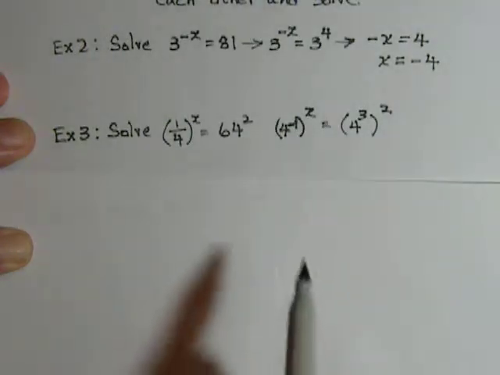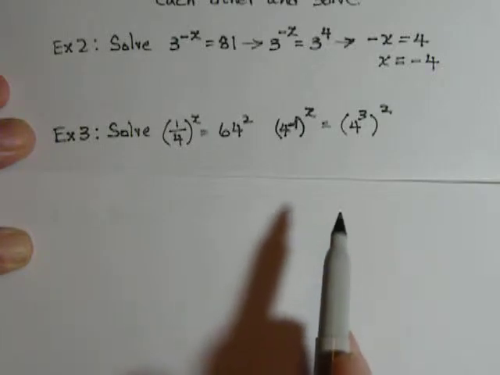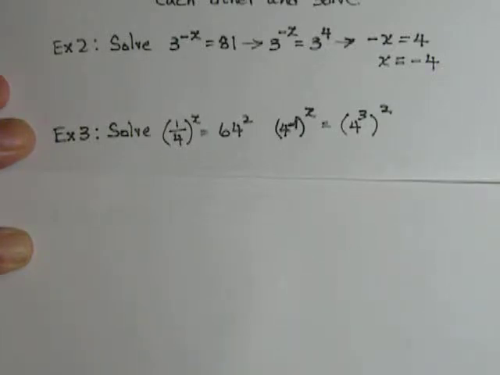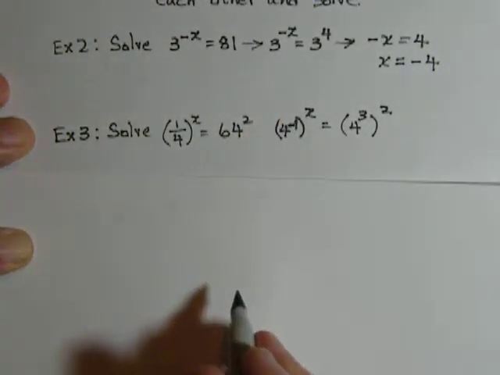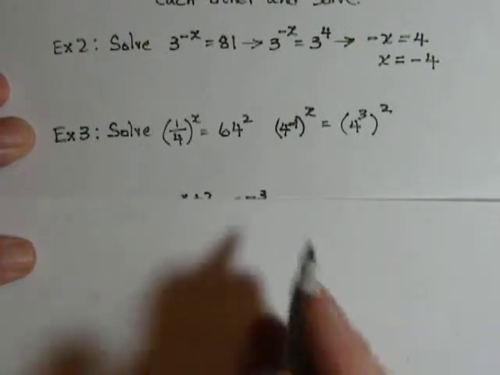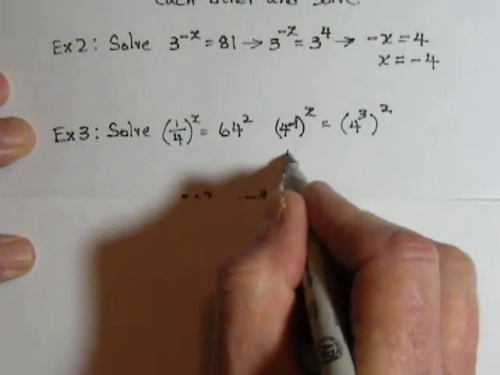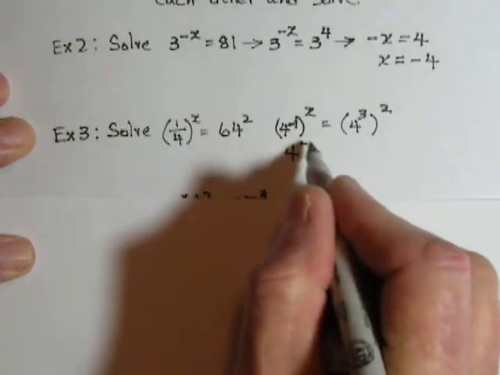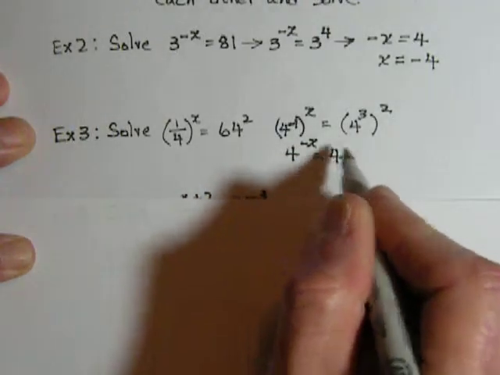So now I have 4 to the negative 1 to the x power equals 4 to the third to the second power. So what I'm going to do here is multiply these exponents together so that I have an exponent to deal with on each side. So this is going to be 4 to the negative x equals 4 to the sixth power.